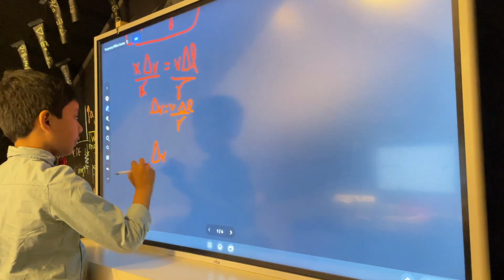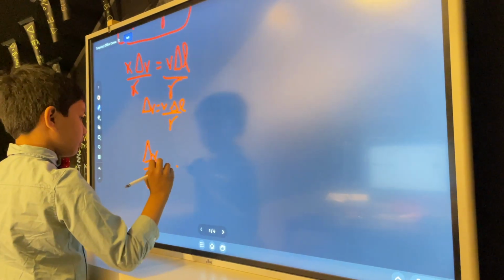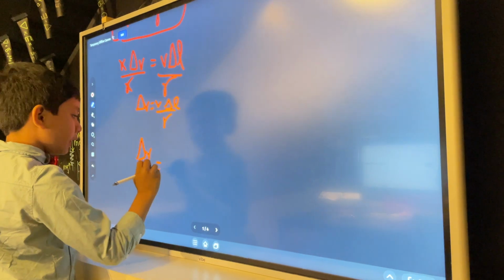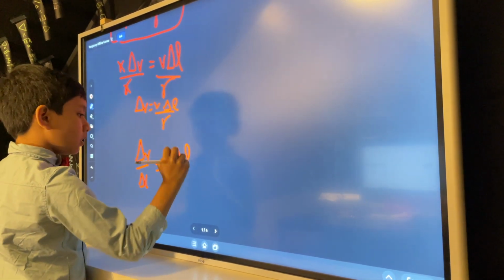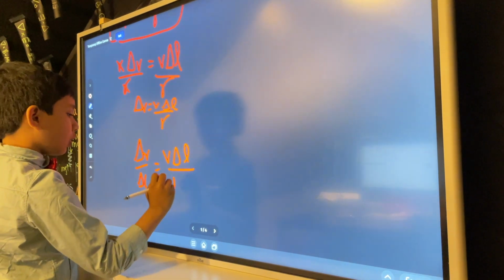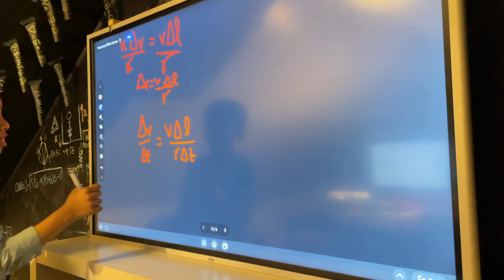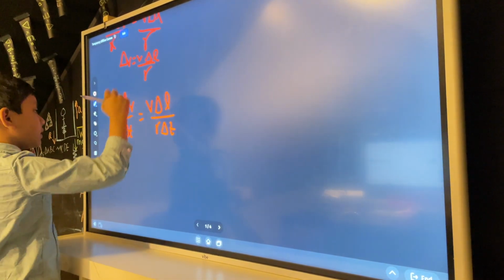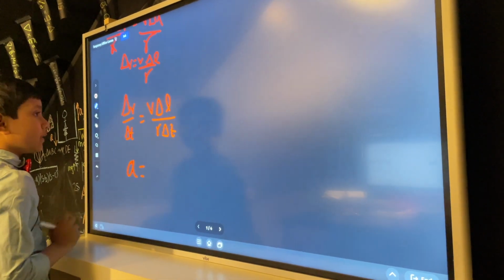So, that's going to give us delta V over delta T, and these denominators would multiply to give us V delta L over R delta T. Okay. So, now, that gives us delta V over delta T can be rewritten as acceleration.